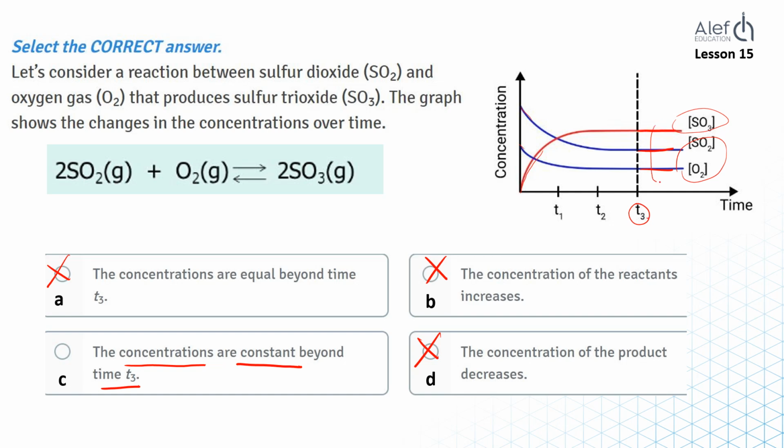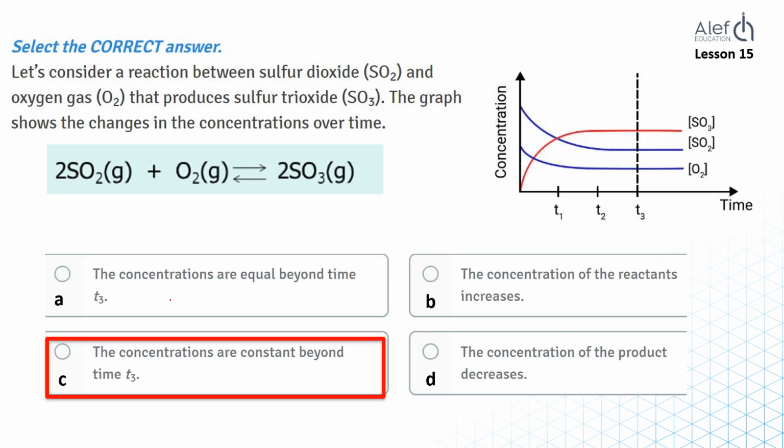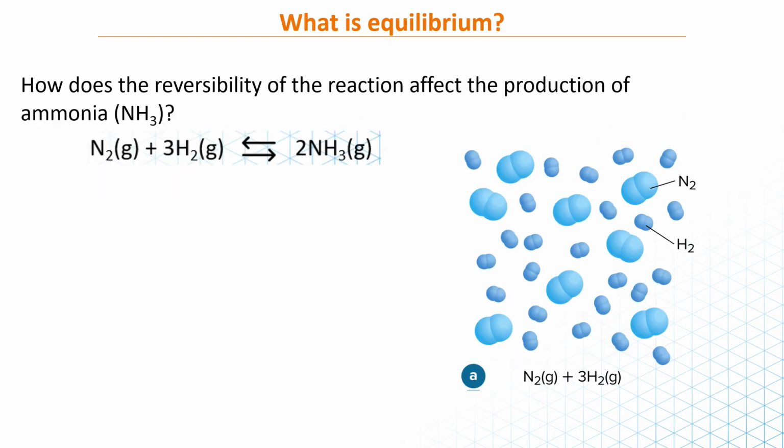That is true. Look, they are not changing anymore. They are all going in straight line. So the correct one is going to be number C. Okay, they can give you this graph and then ask you questions like this, right? So you have to understand the graph.